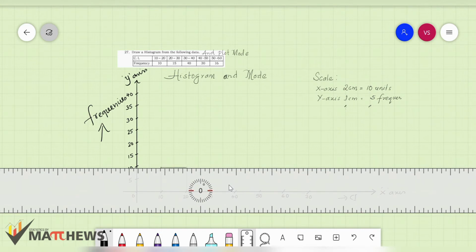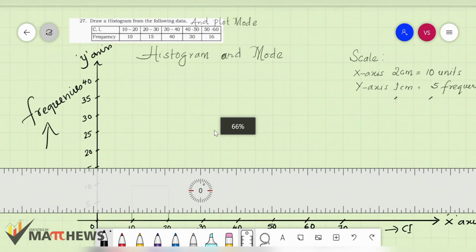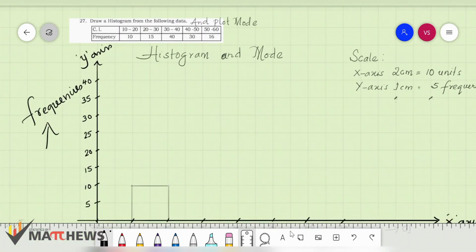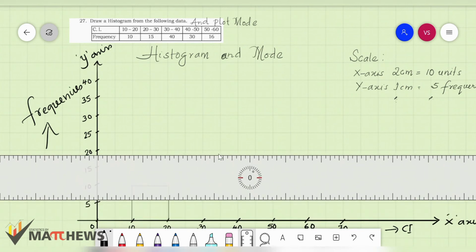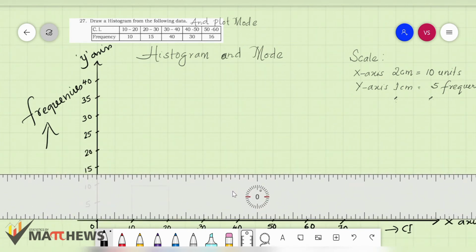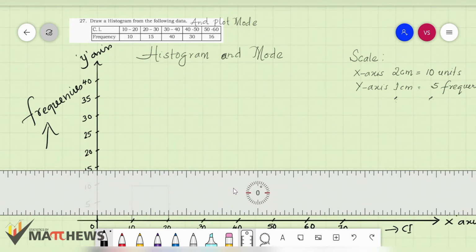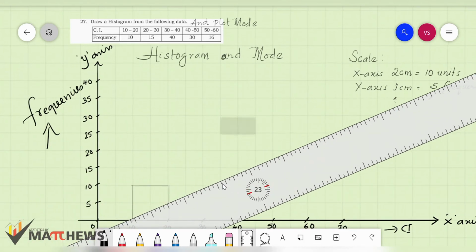Okay, fine. Right, the next one, students, 20 to 30, it is 15. I will draw it first. Okay, 15.